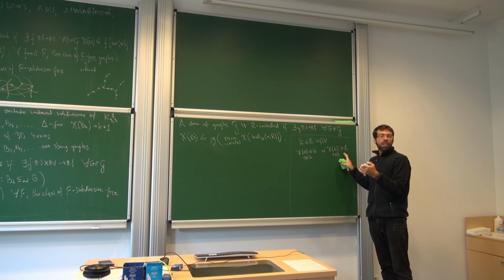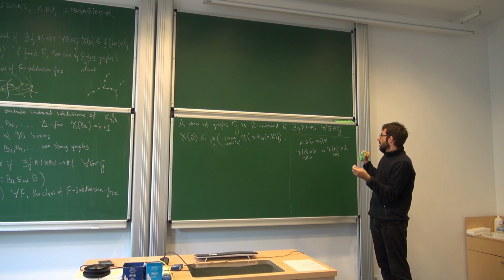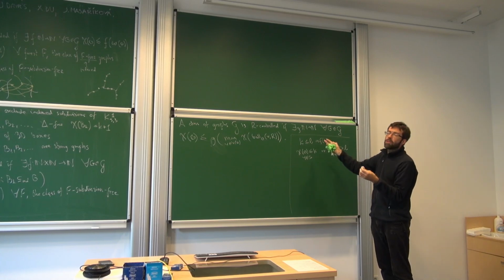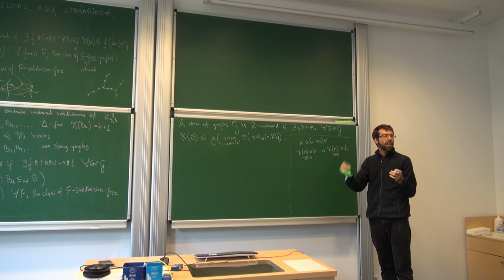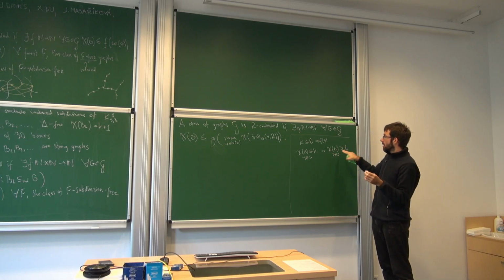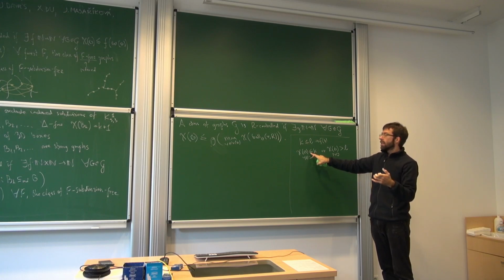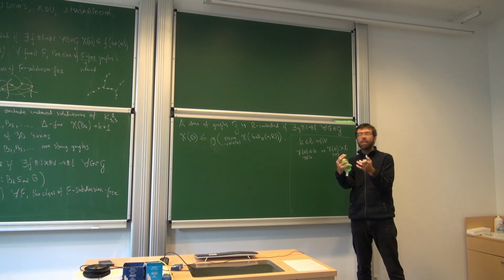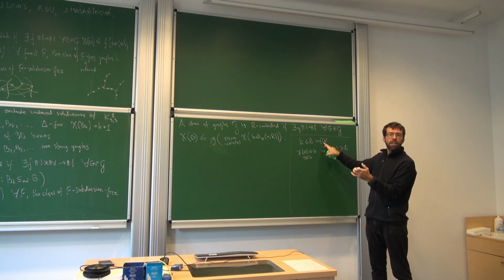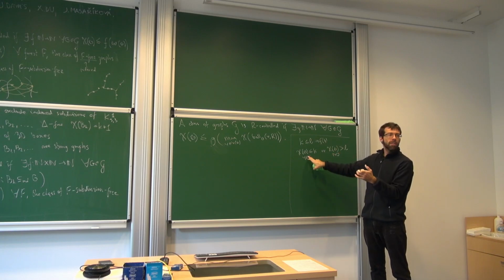How do we distinguish that? For chi-bounded, we just check whether there is a clique of size greater than k or not. If there is a clique of size greater than k, then we must be in this case. We cannot be here. Otherwise, if the clique number is at most k, then chi-boundedness gives us that the chromatic number is at most f of k, which means that we cannot be in this case, so we are in that case.